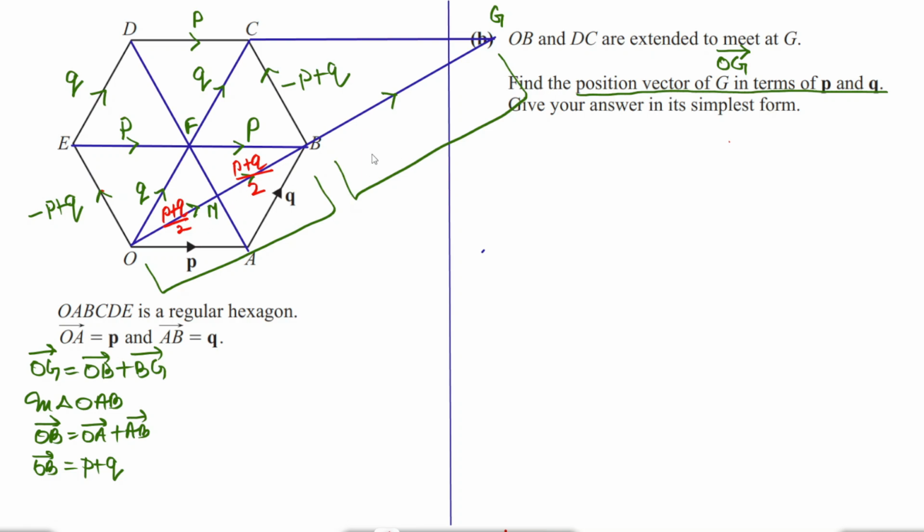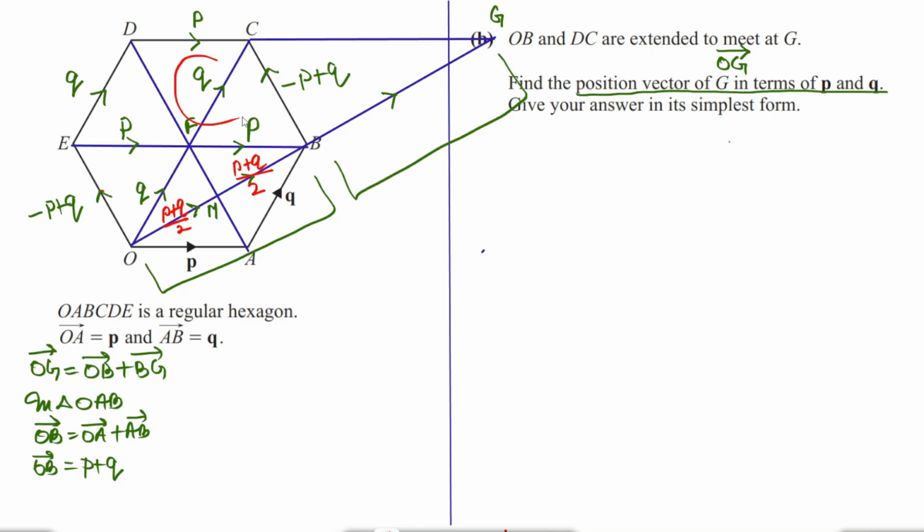Now what is left overall here? We didn't find this FD, and we didn't find this AF. Let us find these two also. FD. What is FD? If you look carefully, FD is exactly opposite to BC, in the same parallel fashion.